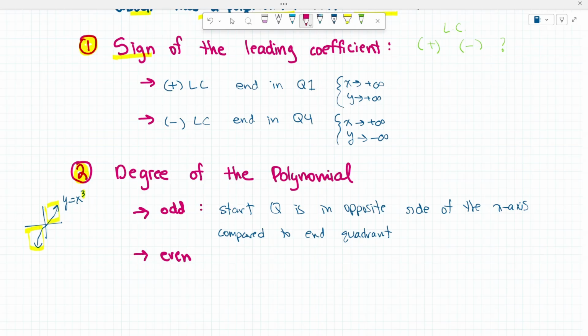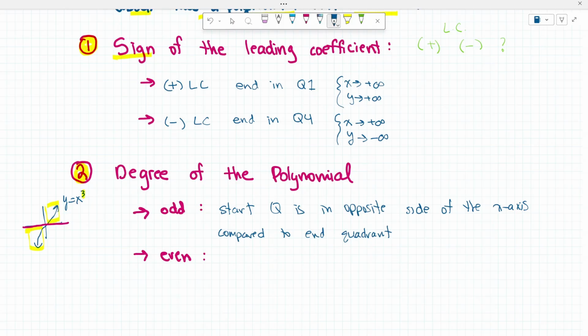So it starts on the opposite side of the x-axis. Odd degree polynomials will always cross the x-axis. So that kind of helps us understand this behavior of end behavior a little bit more.